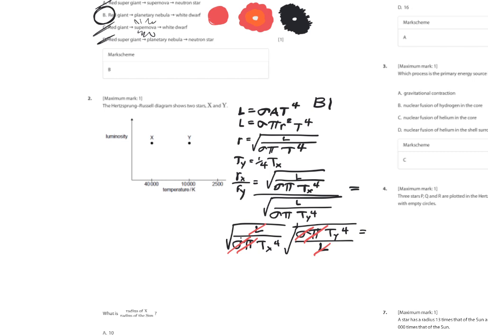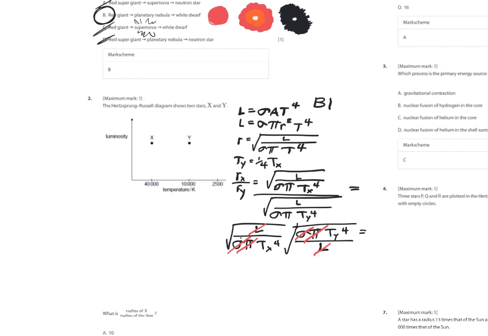If we solve for radius, we get the radical of L over the Stefan-Boltzmann constant times pi times the 4th power of temperature. We can see from the chart that the temperature of y is 1 quarter the temperature of x, because the HR diagram's temperature goes down to the right, which is weird, but that's the way it rolls.